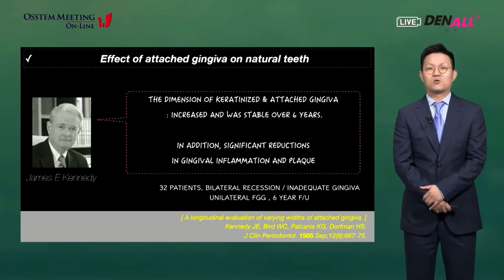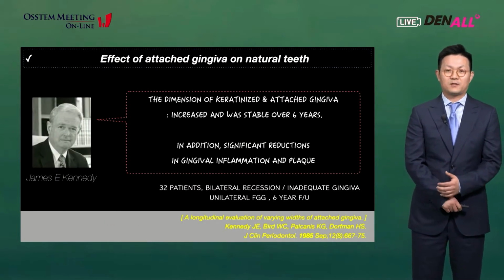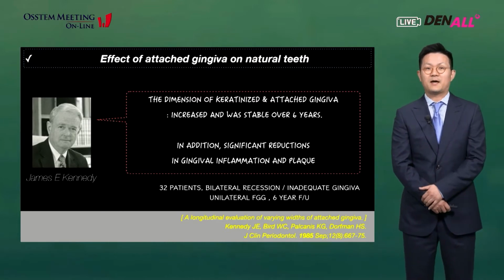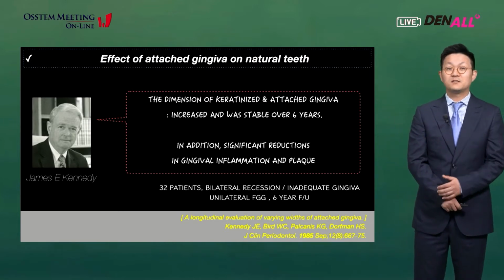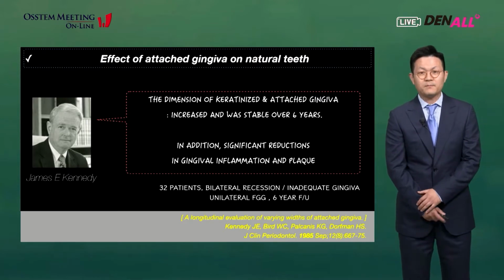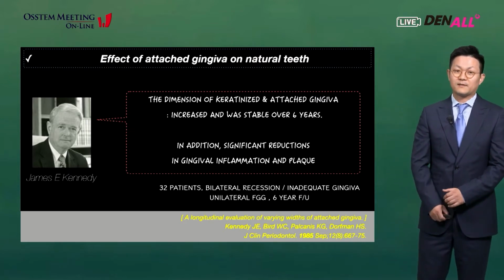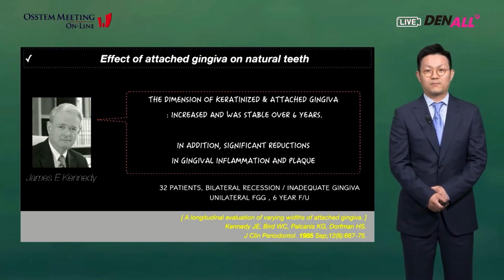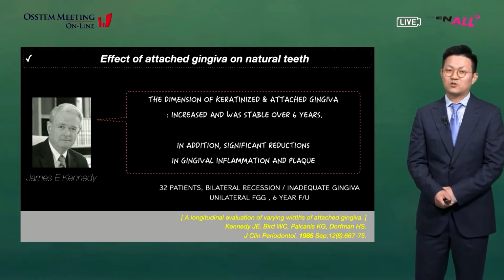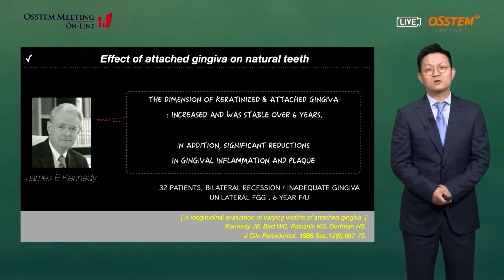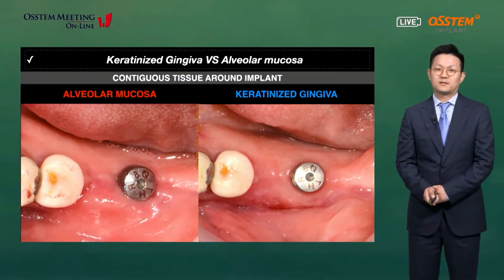About 3 years ago, Dr. James Kennedy evaluated the effect of attached gingiva and the free gingival graft. In the 6-year follow-up after free gingival graft, the increased dimension of keratinized gingiva was stable and brought significant reduction of inflammation and plaque accumulation.